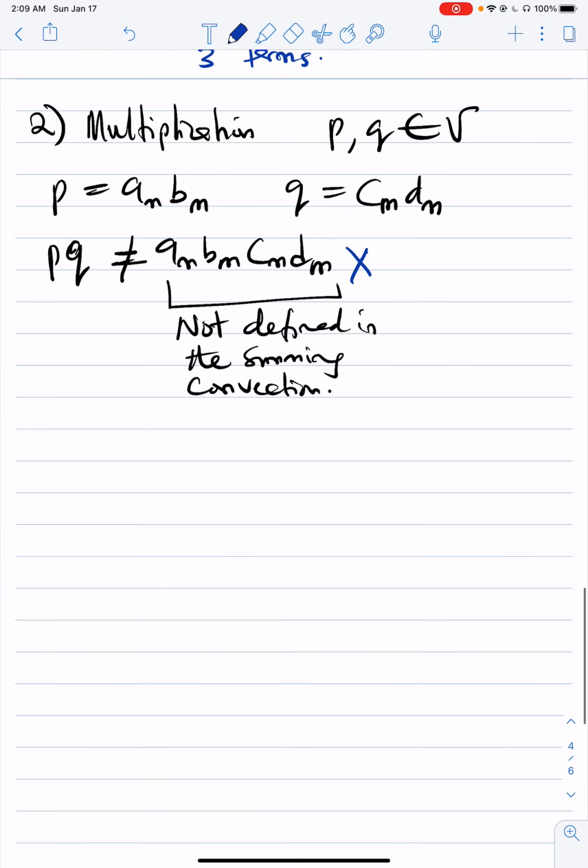Rather, what you have is PQ equals a_m b_m c_n d_n. Since you are bringing this together, you're going to change these dummy variables from m to become, let's say, n or d_n.